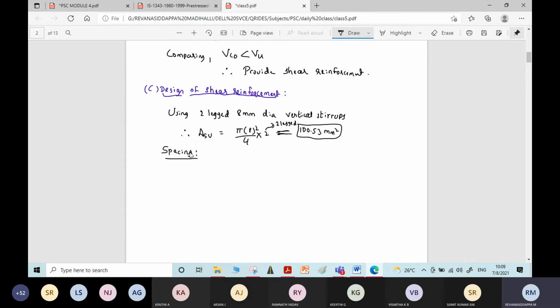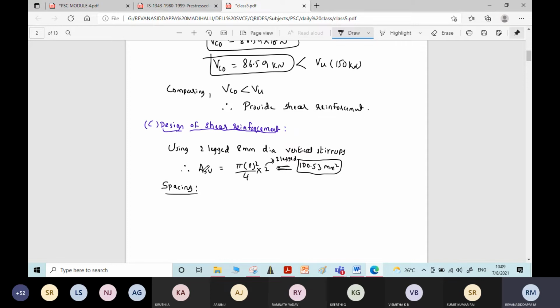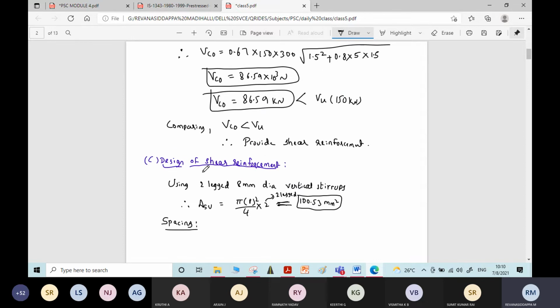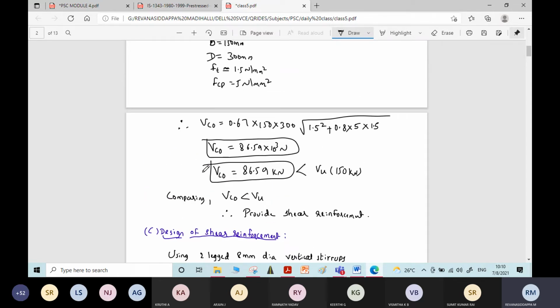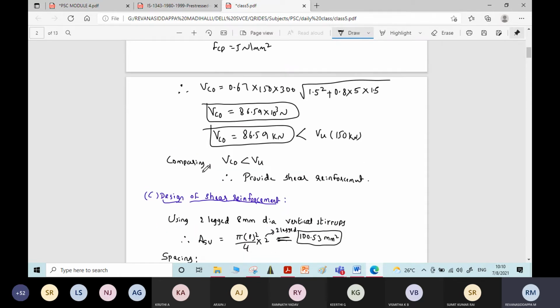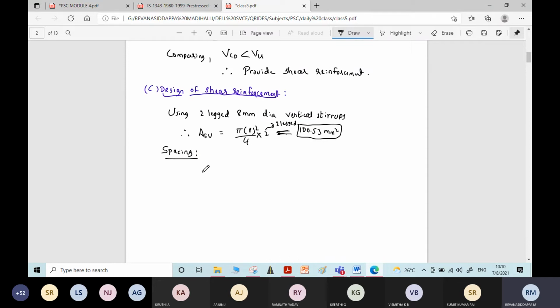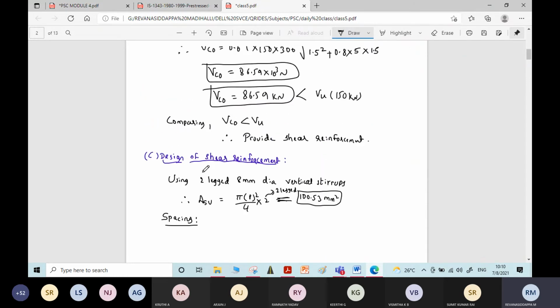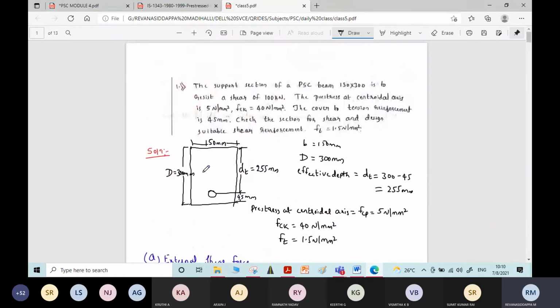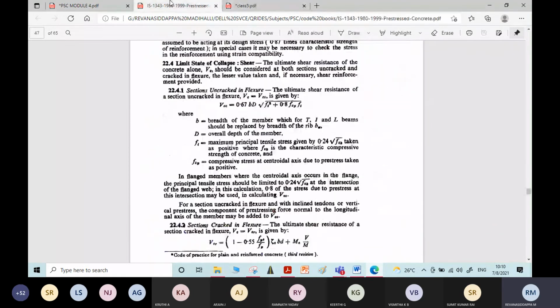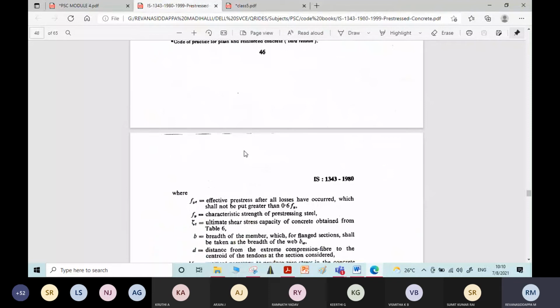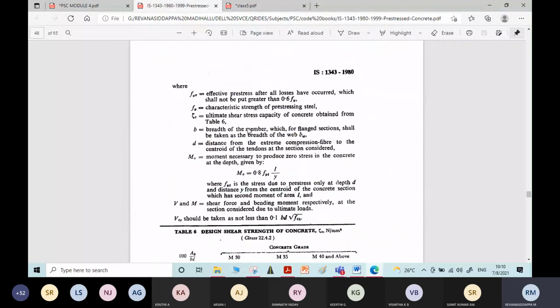For spacing, you need to calculate in 4 different ways. Whichever is the minimum spacing out of all the calculations, you choose that as the spacing of the stirrups. Those 4 calculations are there in the codebook itself.